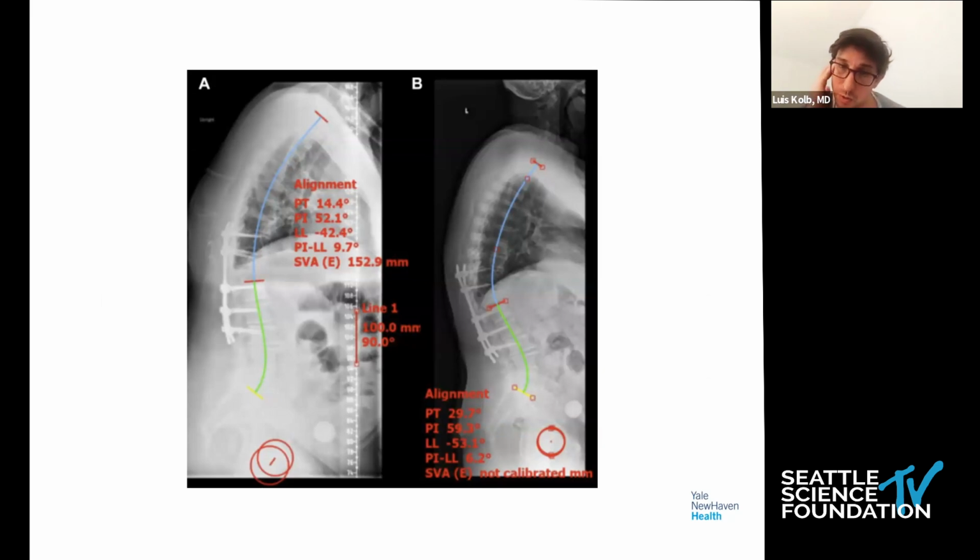As tumor prognosis is becoming longer and longer, we do have to keep in mind these sagittal parameters and aim as much as possible to keep them in good alignment, because some of these patients are now living 5, 10, 15 years. Quality of life metrics can be severely affected if they're misaligned with a significant positive balance.